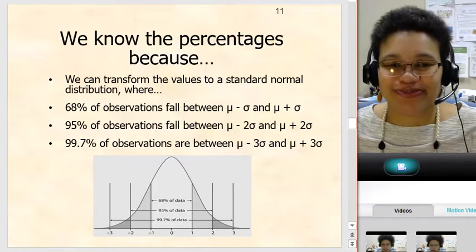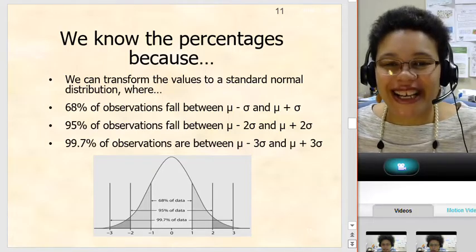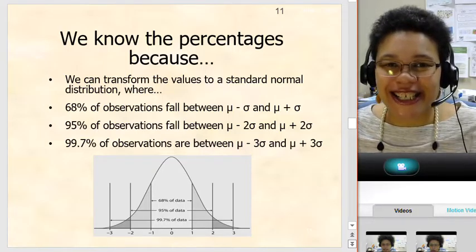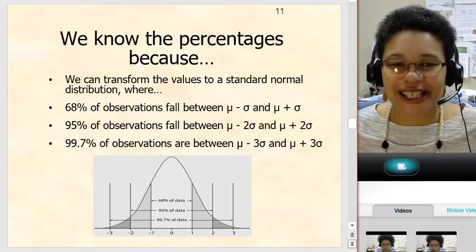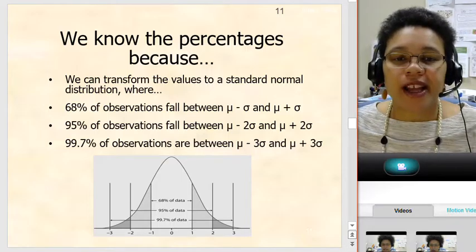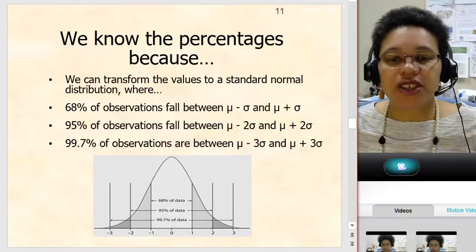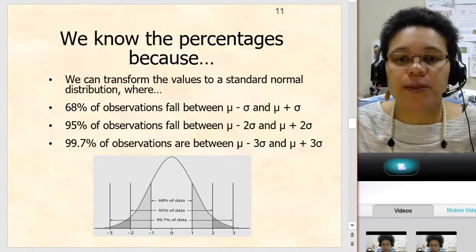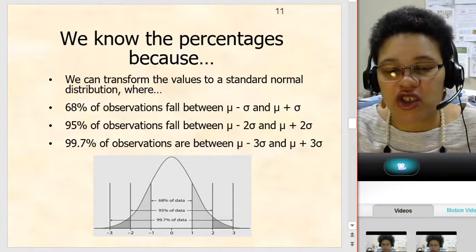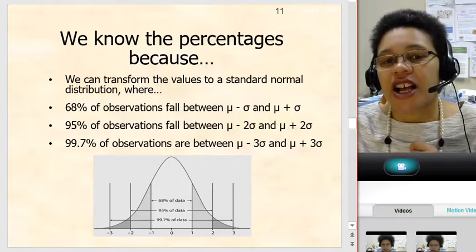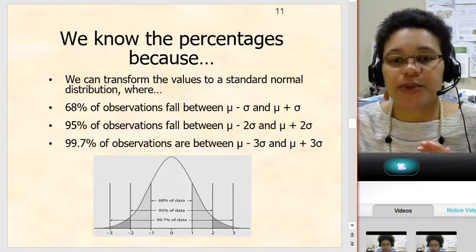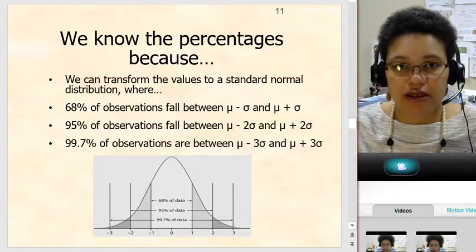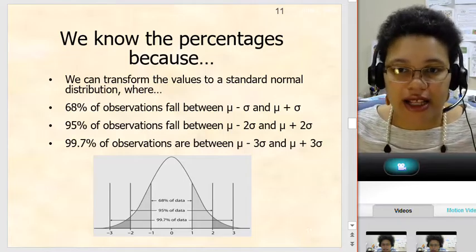How do we know? We know because some mathematician discovered that if you transform the values to a standard normal distribution, you would get these percentages. Okay? It was proved mathematically.